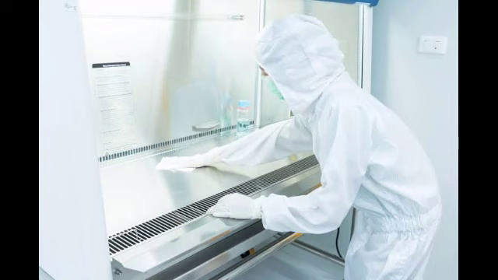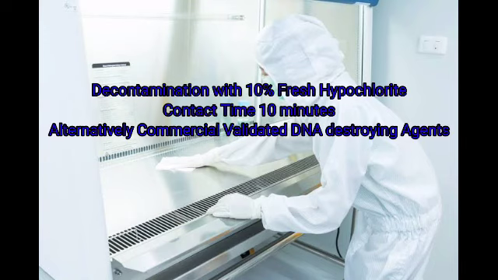It must first be decontaminated with 10% hypochlorite followed by a wipe down with a sterile bottle. Here, please remember that the 10% sodium hypochlorite solution must be fresh daily, and when used for decontamination, a minimum contact time of 10 minutes should be adhered to.